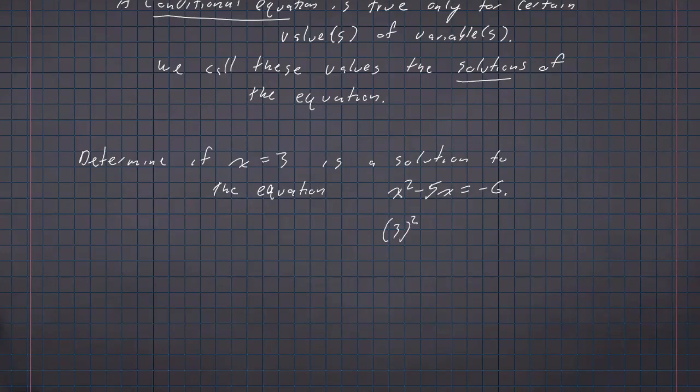So we look at 3 squared minus 5 times 3, and we see if that is equal to negative 6 or not. Nine minus 15 is in fact negative 6. We end up with a rule that says negative 6 equals negative 6, which is absolutely true.